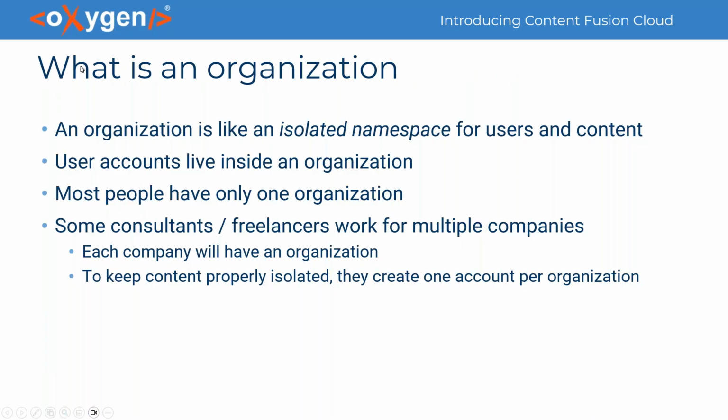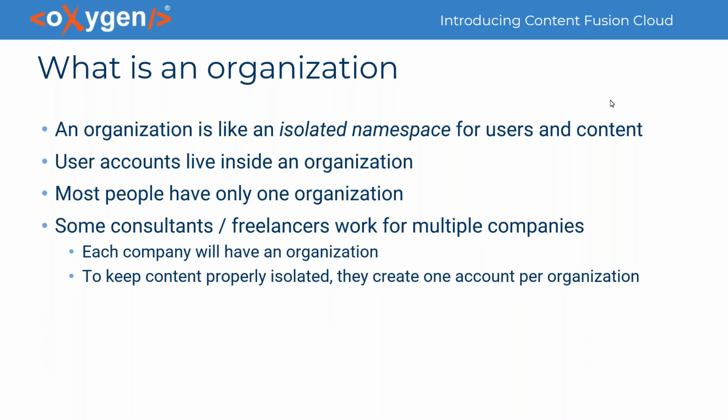Now, what is an organization? We designed organizations to map to a company or to an NGO or to a government organization and so on. And it is an isolated namespace for users and for content. For example, all the user accounts live inside one organization.